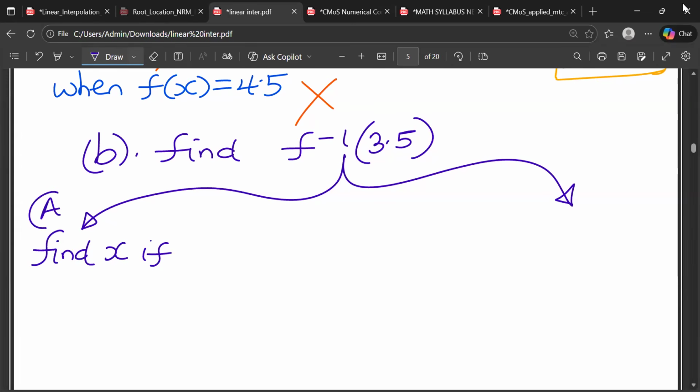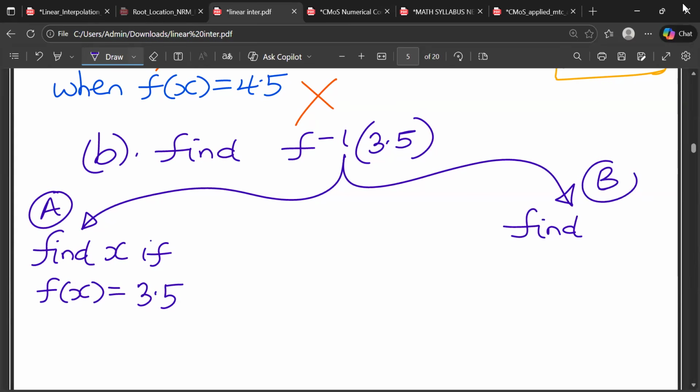Is it option A, that they want you to find x if f of x is 3.5, or option B, that they want you to find f of x if x is 3.5? Which is the option?